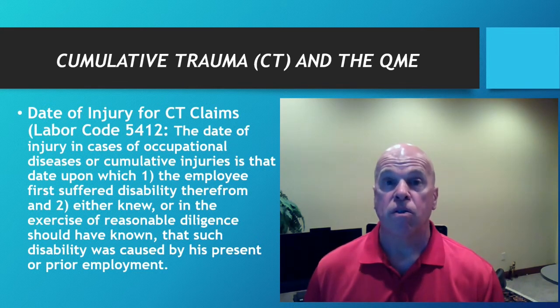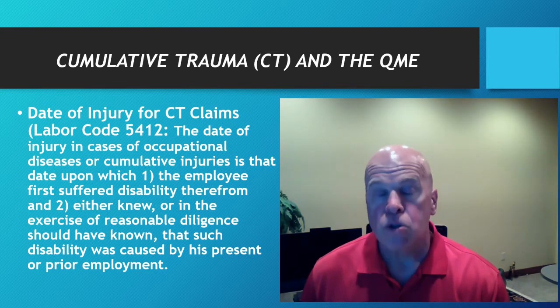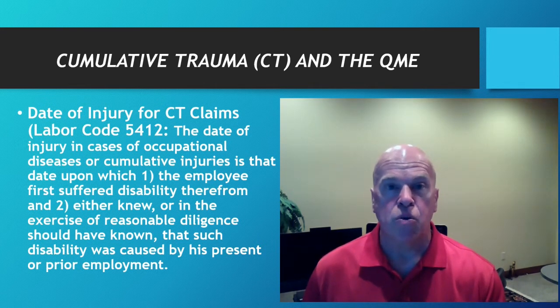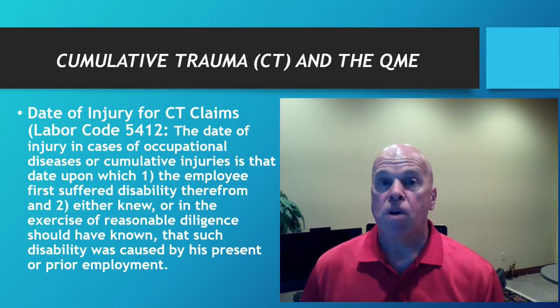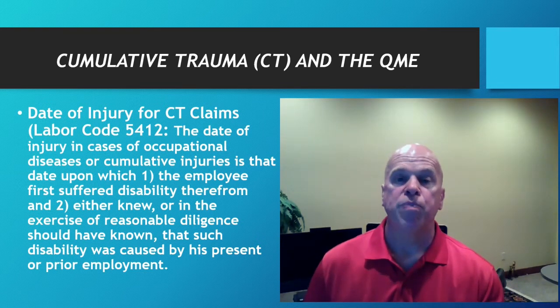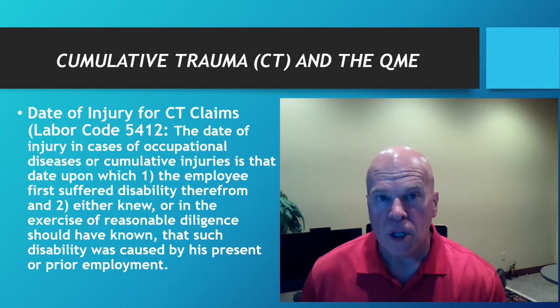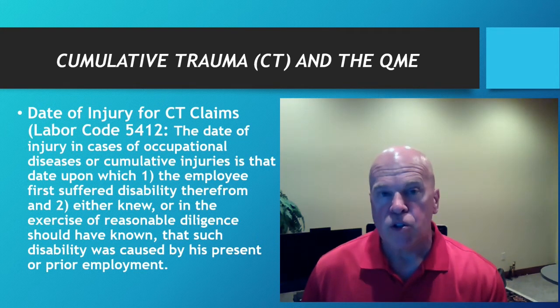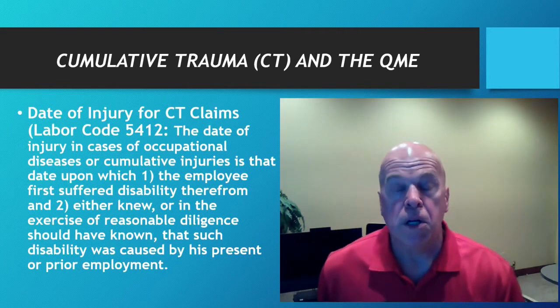Otherwise, the statute of limitation bars the forward progression of that specific injury claim. Well, cumulative trauma injury claims escape this statute of limitation, and it has to do with a loophole in the language that describes the date of injury for cumulative trauma injury claims.